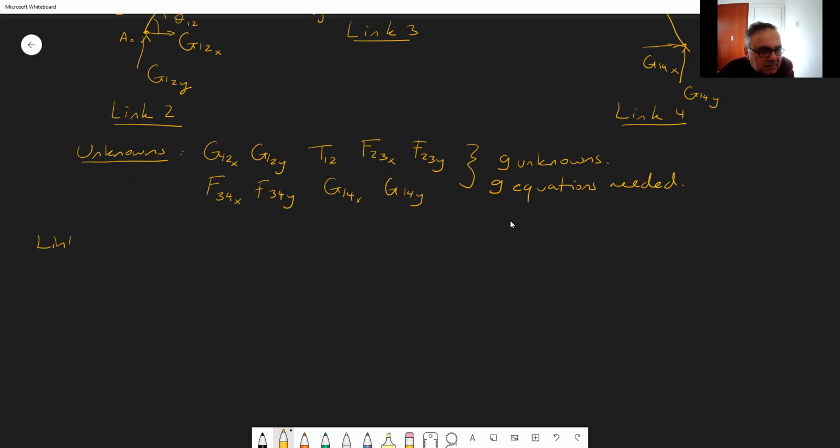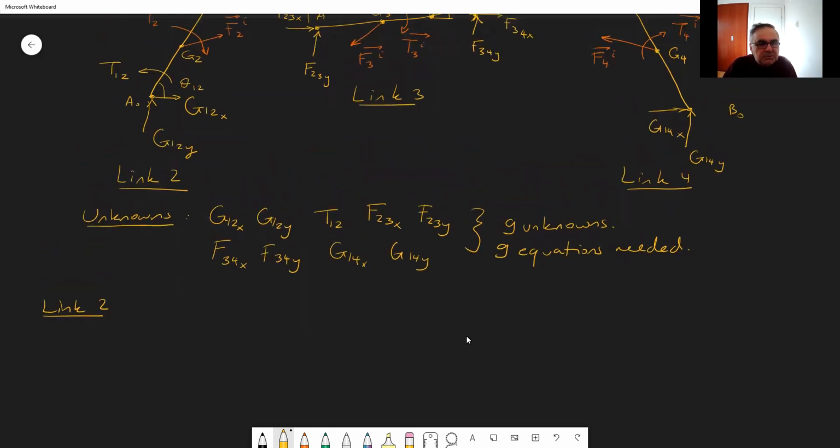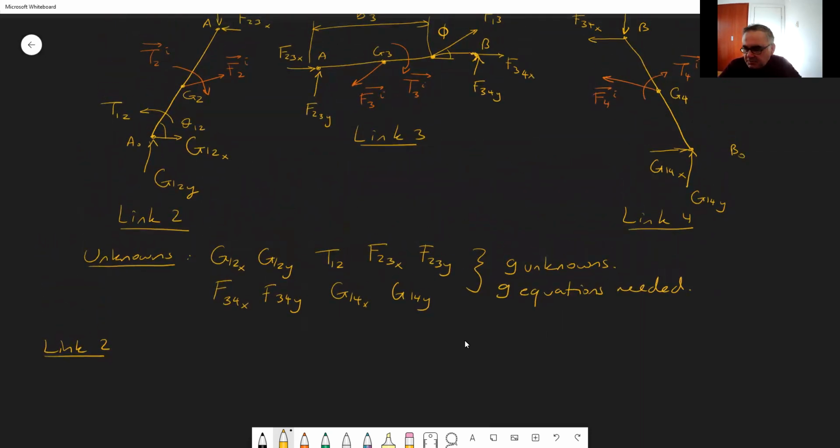So let's write them. Link 2. Maybe I should just show it here so that the summation of forces for link 2 in x direction is G12x minus F23x, now there is the F2 force.